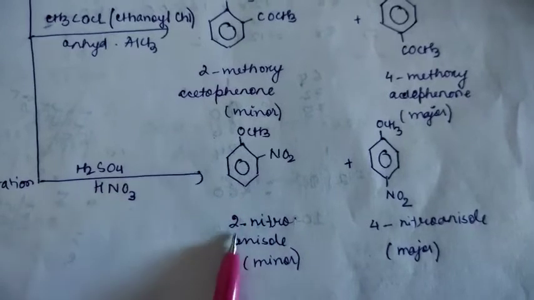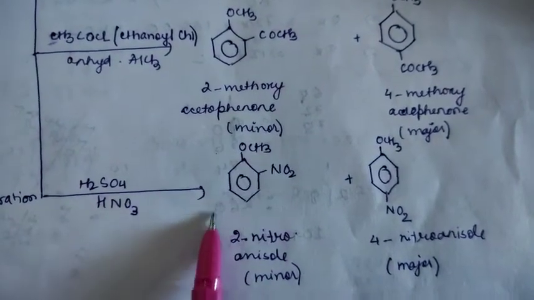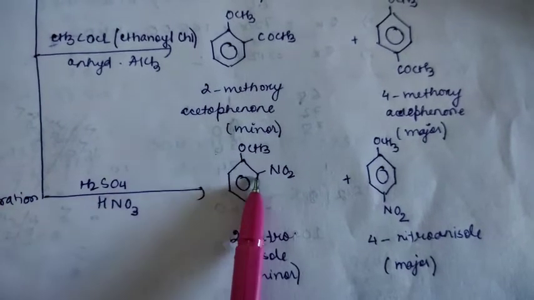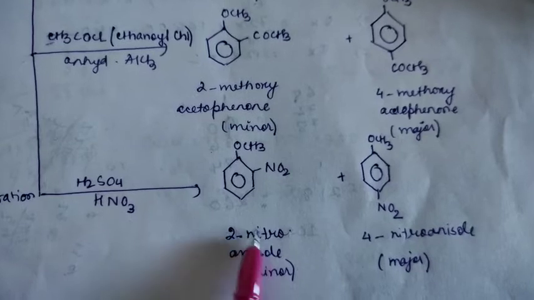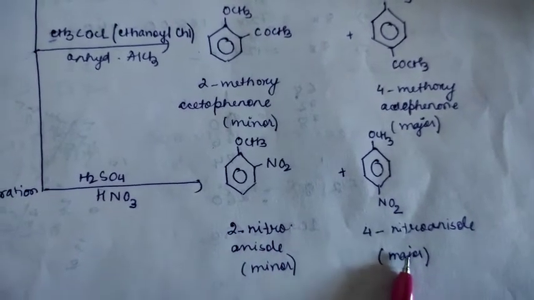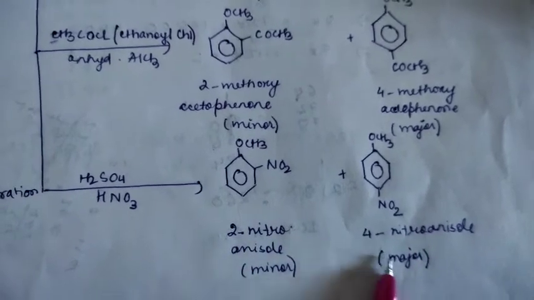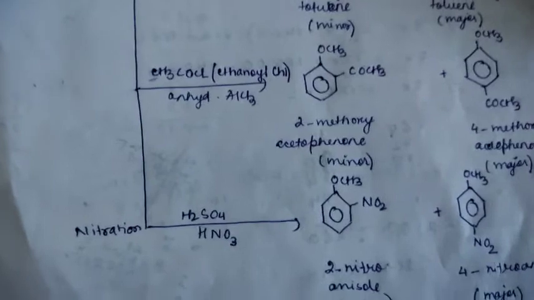This is known as 2-nitroanisole. OCH3 is what? Anisole, and with respect to this is the ortho position, so it is 2 or ortho-nitroanisole, and again this is the minor product, but this is the major product. The para compound is the major product in these reactions. I hope this is clear.